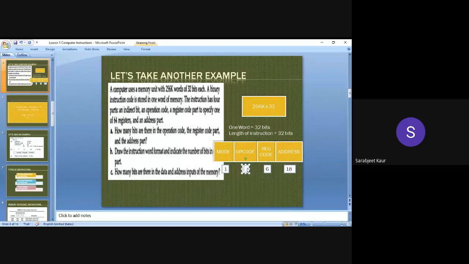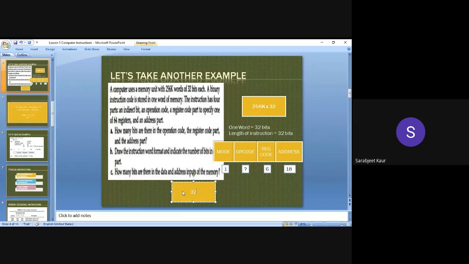So we have to find this out, right? What is the total number of bits in the complete instruction? 32.